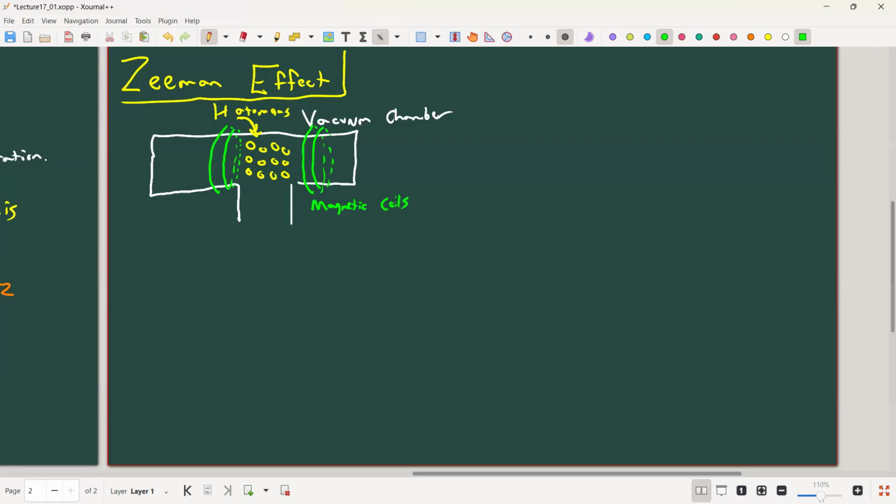Okay, and I apply a field in this direction, up and down, the z direction. So there's a magnetic field, Bz, that's being applied in this direction, just like our z deflection experiment, apply a z direction field.